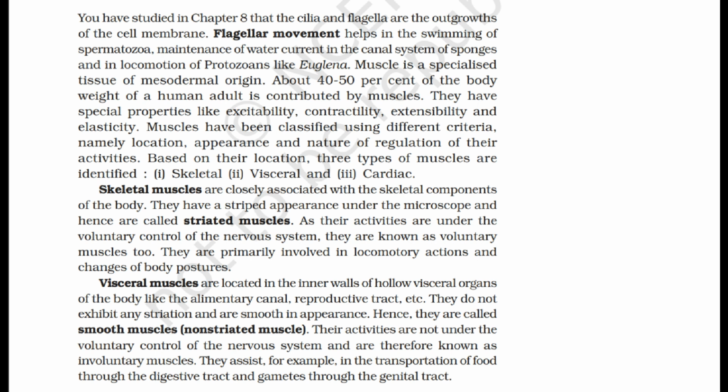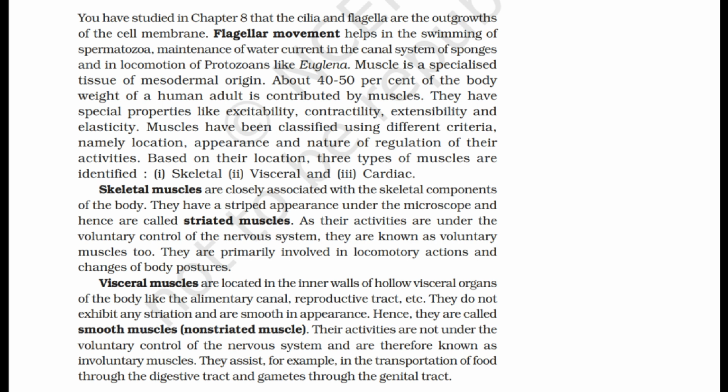Muscles have been classified using different criteria, namely location, appearance, and nature of regulation of their activities. Based on their location, three types of muscles are identified. First, skeletal. Second, visceral and third, cardiac.